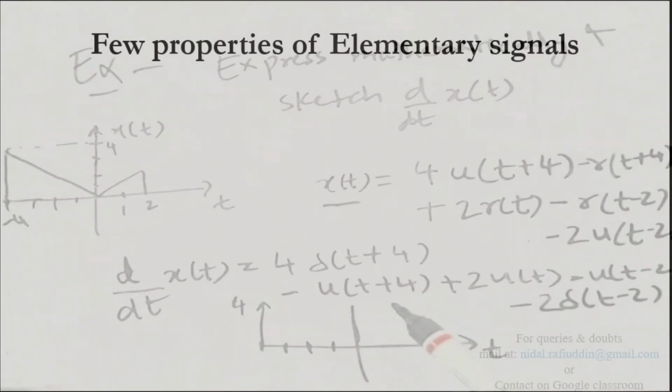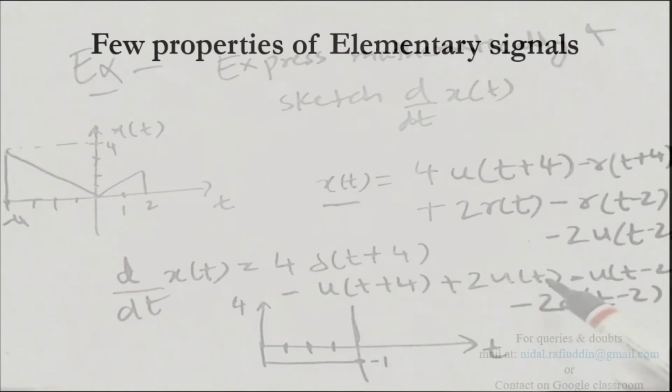Then the next is a step signal that has a negative magnitude of -1, and it starts at t equal to -4. And this will go to infinity on the positive side, but we have more values.